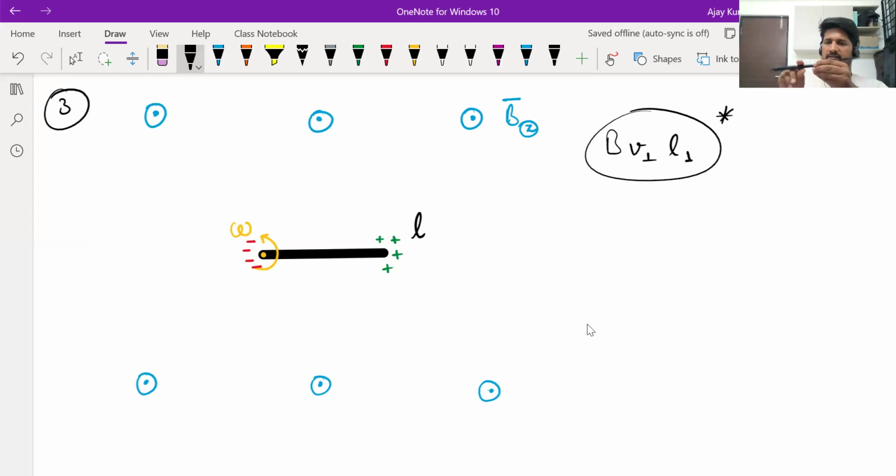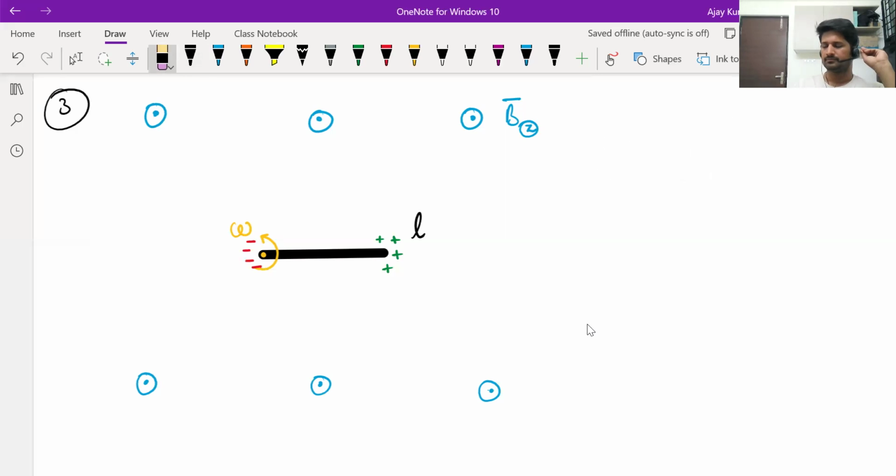Points closer to the axis move with a smaller speed. Points farther from the axis move with greater speed. So can any of you give me an idea to derive the total potential difference between the ends of the rod? The problem is that different points of the rod are moving with different velocities.